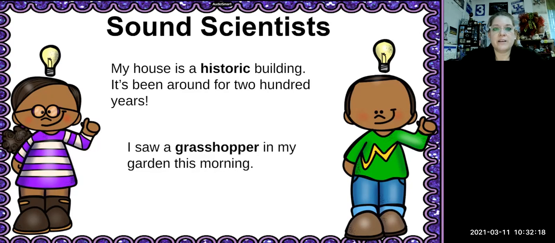What is the vowel sound in the second syllable? So let's see what our second syllable was. We had hiss, tor. Tor is the second syllable. What is the vowel sound in the second syllable? It's the or. Yes, that is the second syllable's vowel sound.